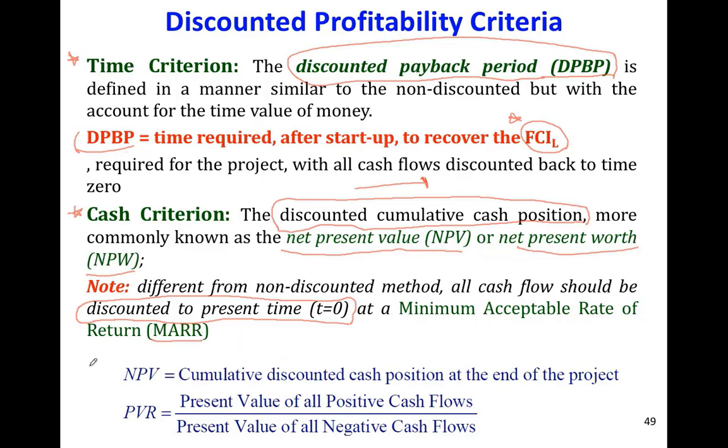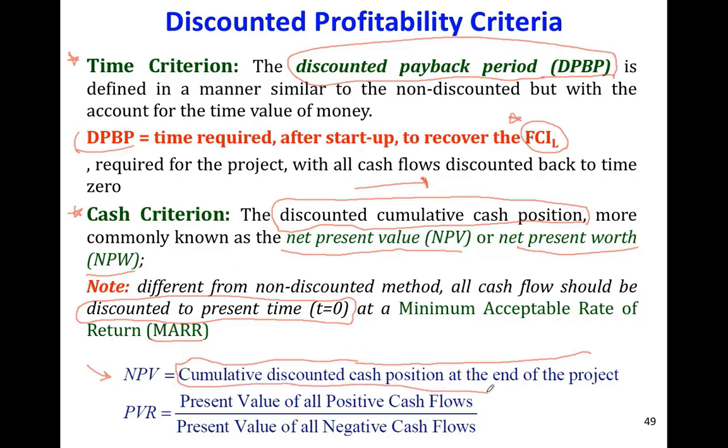So again, NPV, net present value, is the amount of money. I mean profitability. When I talk about profitability, it means at the end of the project how much money we made. So NPV is how much total net cash we have at the end of the project by considering the value of the money, the discounted cash position.